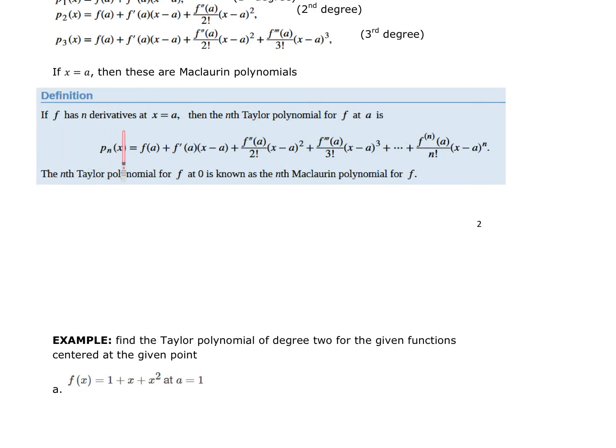If f has n derivatives at x equals a, then the nth Taylor polynomial for a is p of n of x. So degree 1, I'd have just the first two terms. Degree 2, I'd have the first three terms, and so on. The nth Taylor polynomial for f at 0 is known as the Maclaurin polynomial. So that's the difference between a Maclaurin and a Taylor.